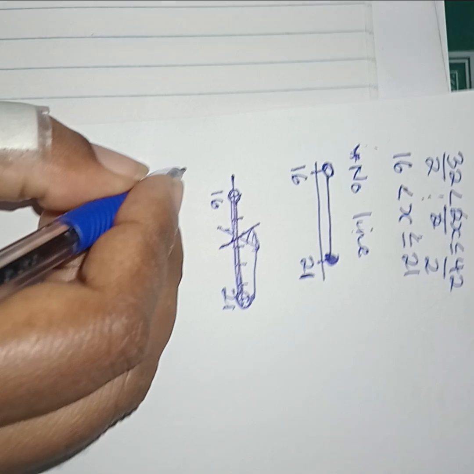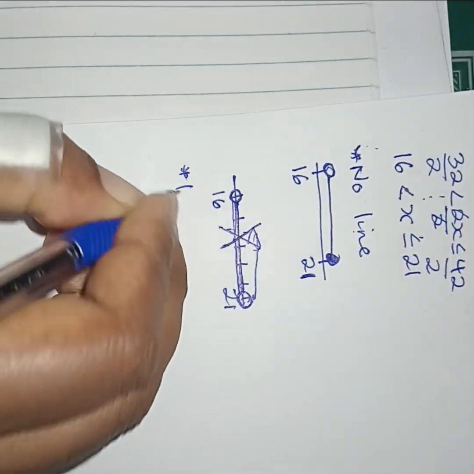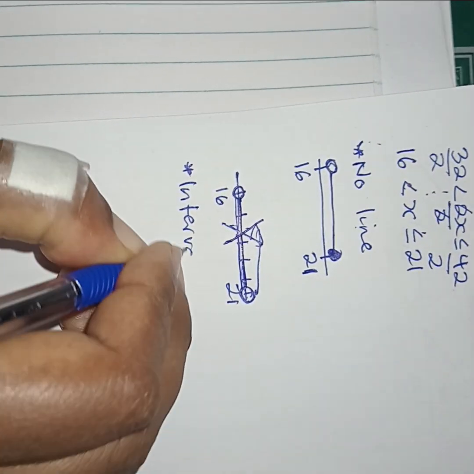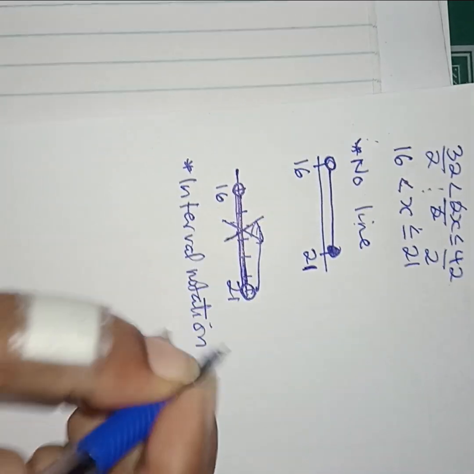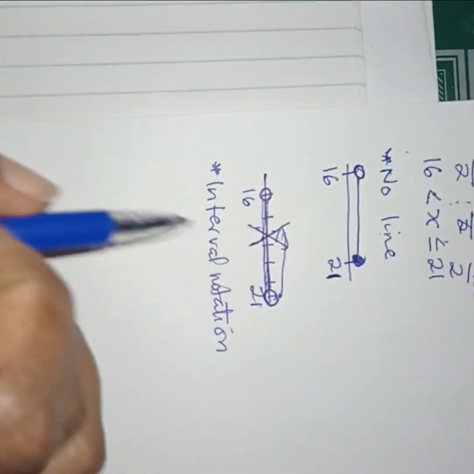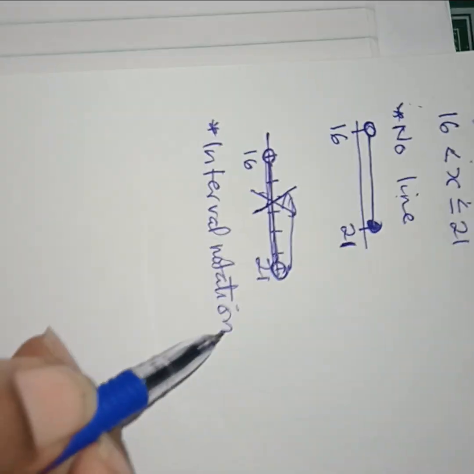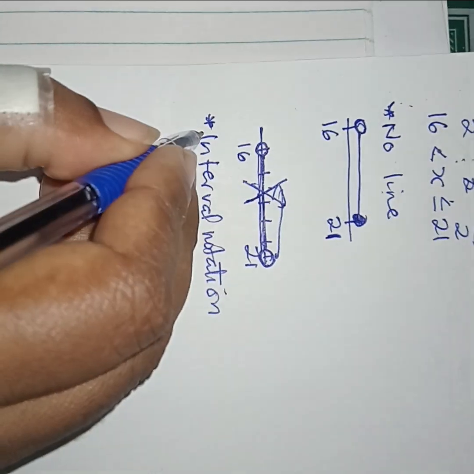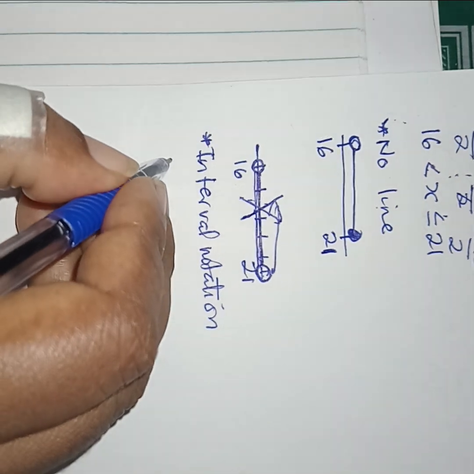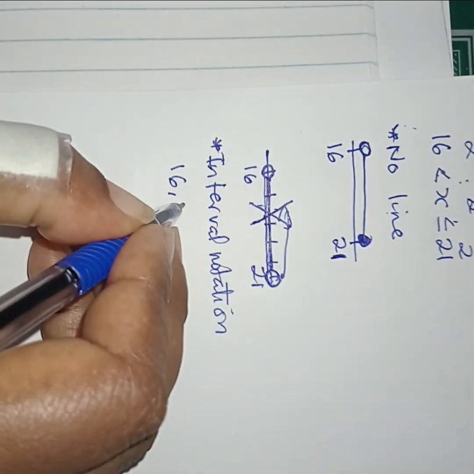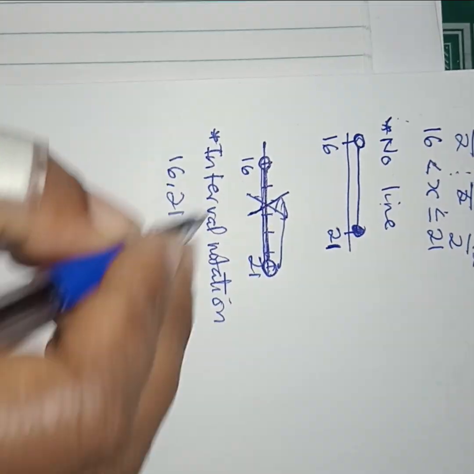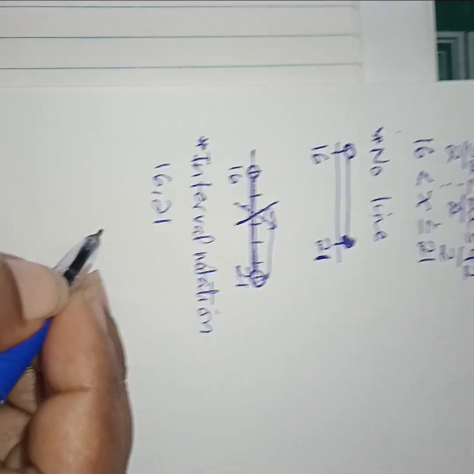Okay, let's go to the interval notation format. Same solution, now put in a different format. Interval notation comes in this form. We have our lowest x value, comma, highest x value, and then we close them off with brackets.